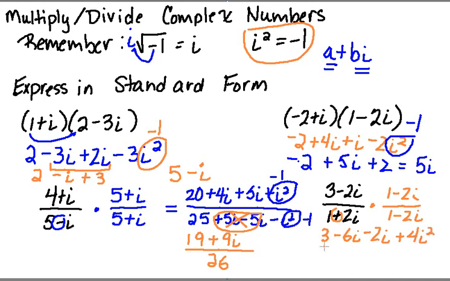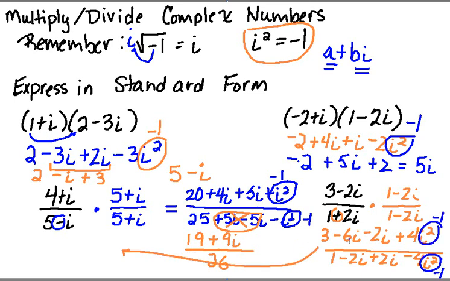My denominator becomes 1 times 1 is 1. 1 times minus 2i is a minus 2i. 1 times 2i is a positive 2i. And 2i times a minus 2i is a minus 4i squared. Simplifying, in the numerator I get 3, and then this becomes a minus 4, because I've replaced i squared with negative 1.